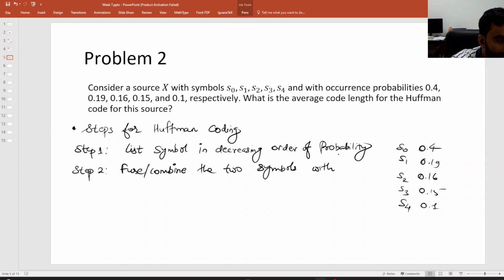So we have to combine the symbols with the lowest probabilities, that is S3 and S4, and add their probabilities.